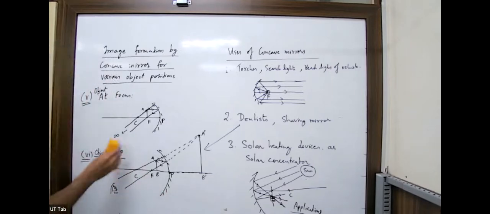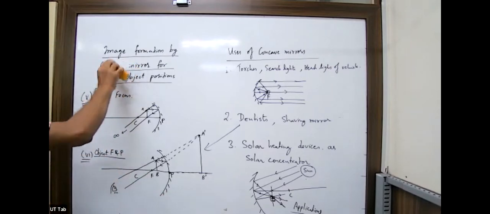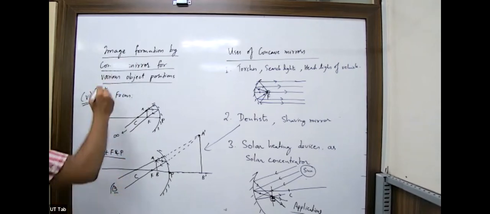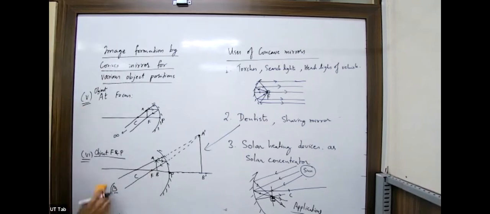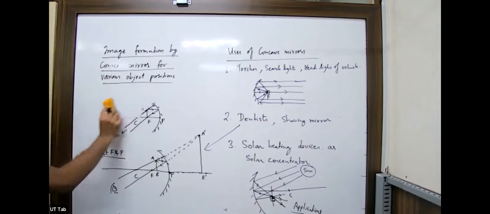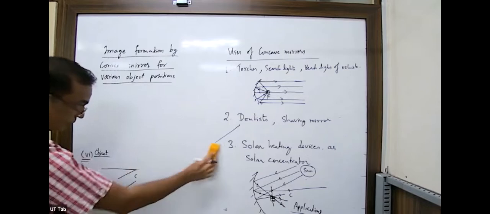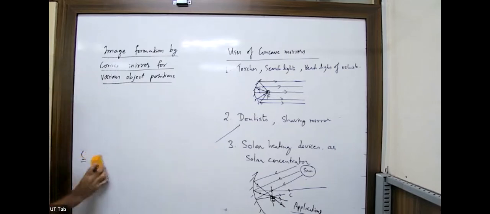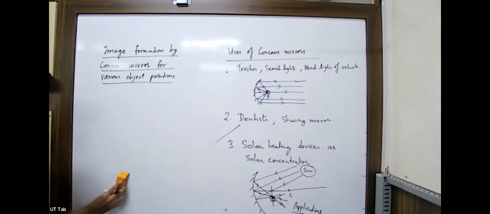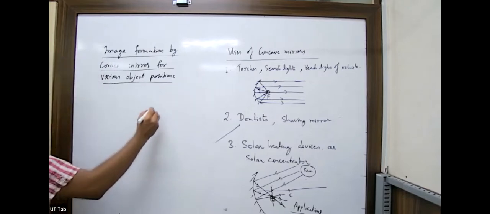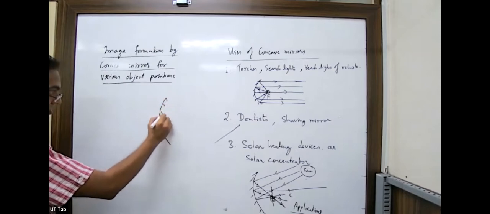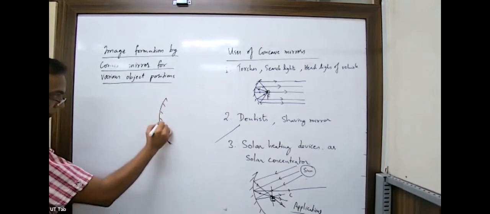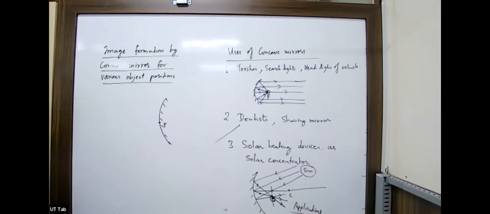Next is image formation by a convex mirror for various object positions. So what is a convex mirror? It is a reflecting surface that is curved outward. Everybody ready?